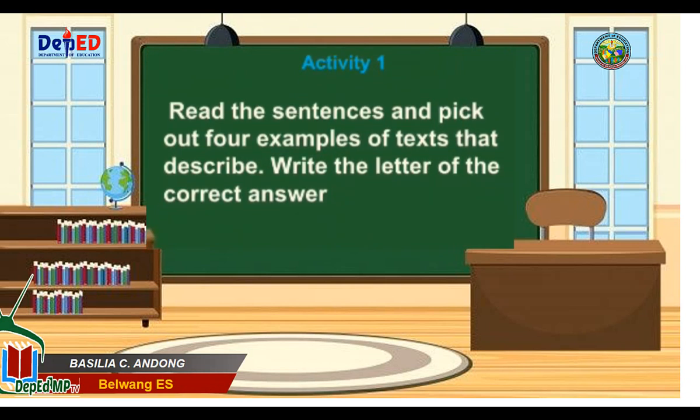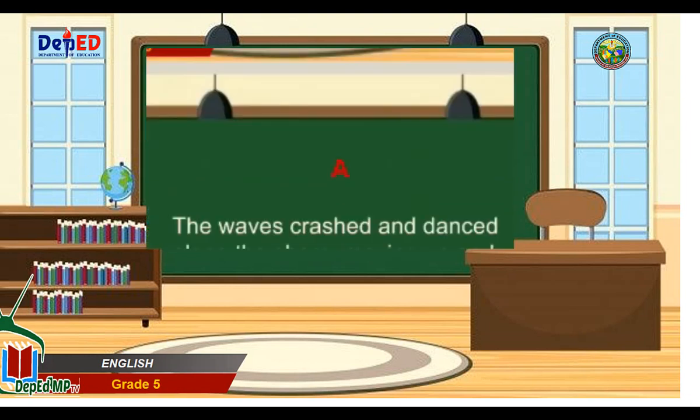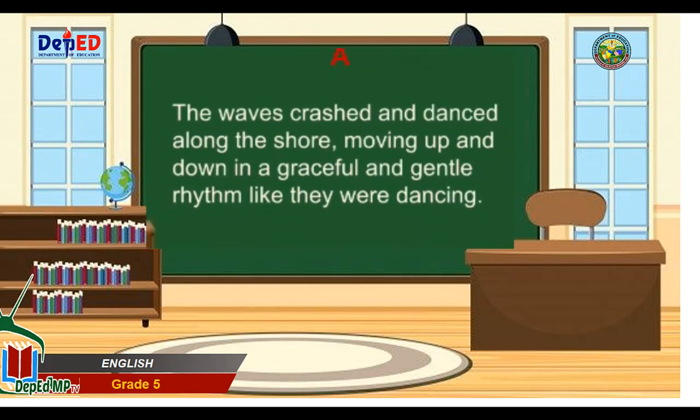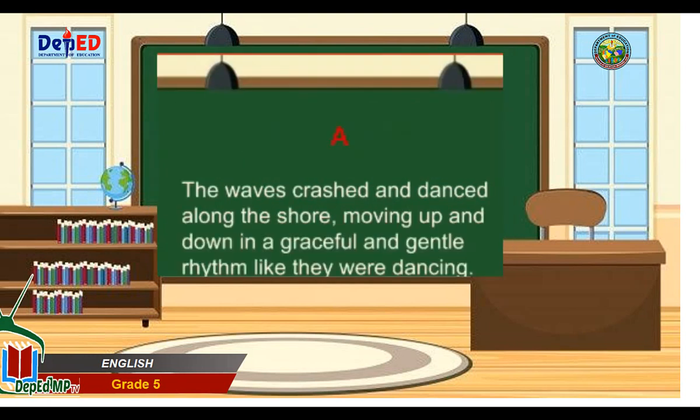Let's have activity 1. Read the sentences and pick out 4 examples of text that describe. Write the letter of the correct answer. The waves crashed and danced along the shore, moving up and down in a graceful and gentle rhythm like they are dancing.